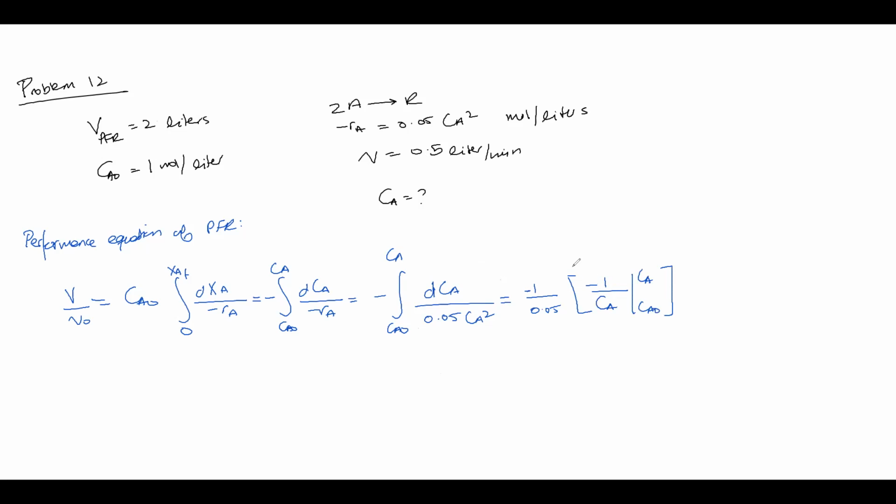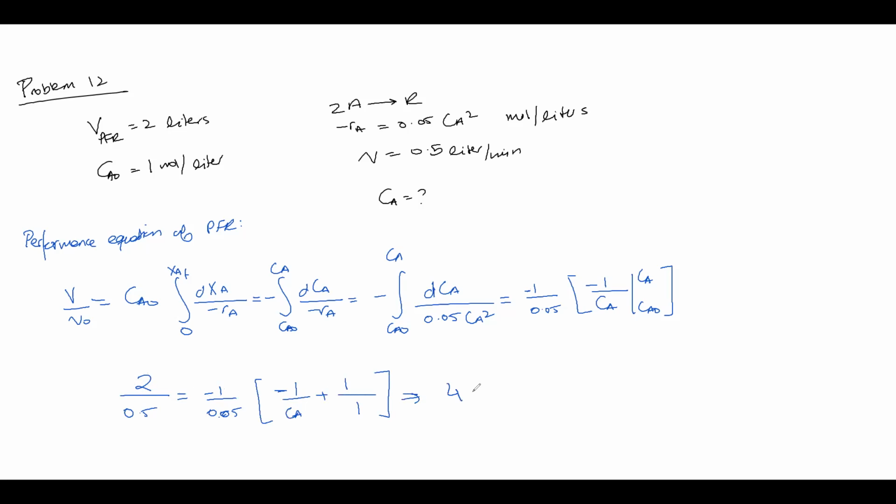A lot of mistakes are made, very basic ones. Anyways, so V is 2 liters. This is 0.5 liters per minute. This is equal to minus 1 over 0.05 into minus 1 over Ca plus 1 over Ca naught, which is 1. And 2 over 0.5 is what, 4.